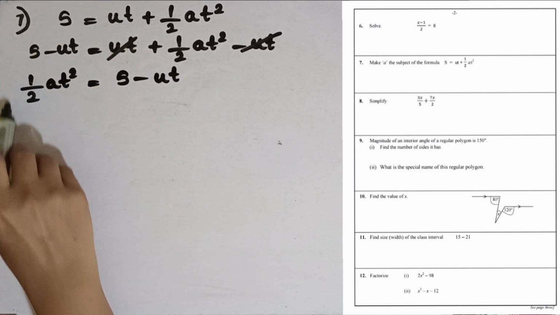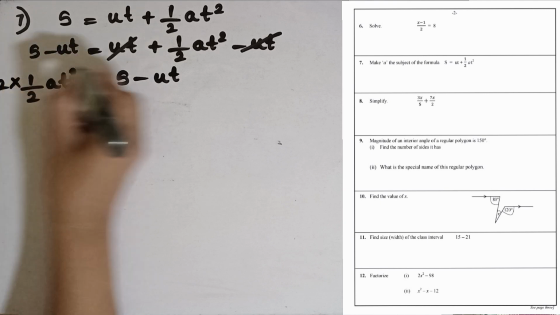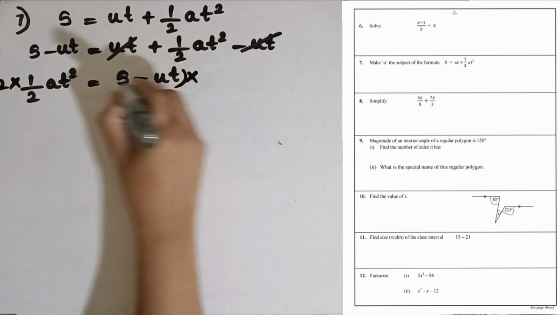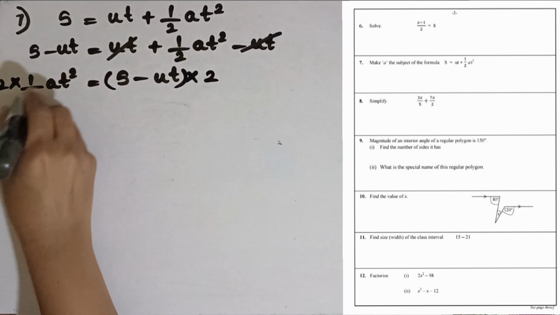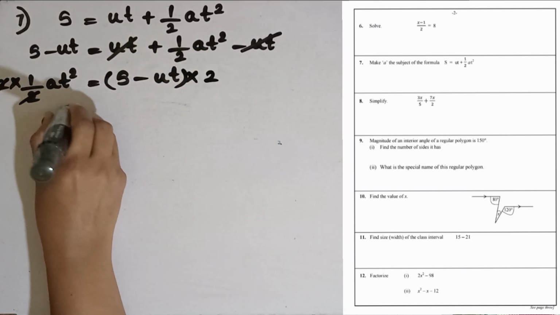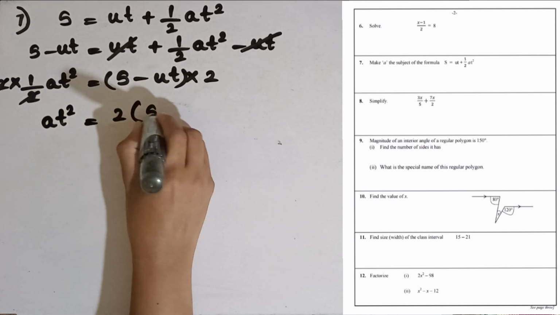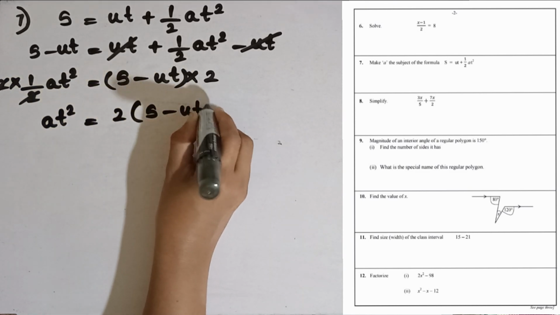Now we can remove this half. For that both sides are multiplied by 2. I will use a bracket here. Then 2 and 2 are removed. at squared equal to 2 times (s minus ut).